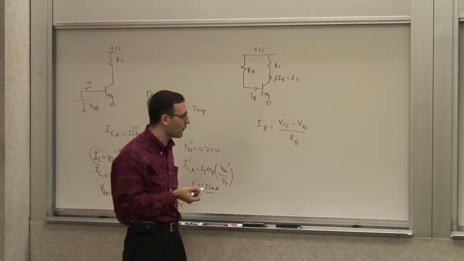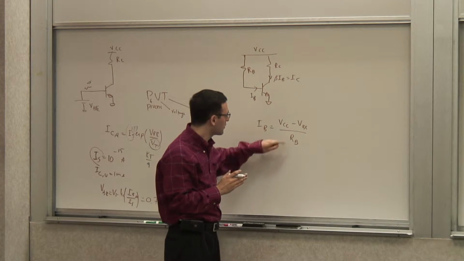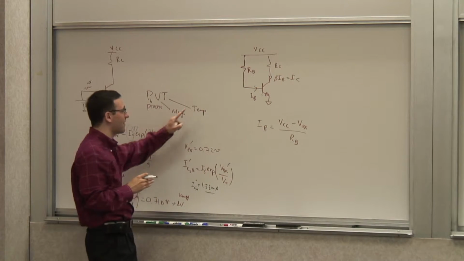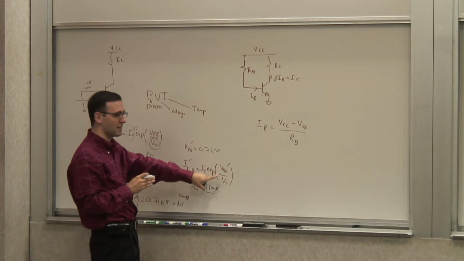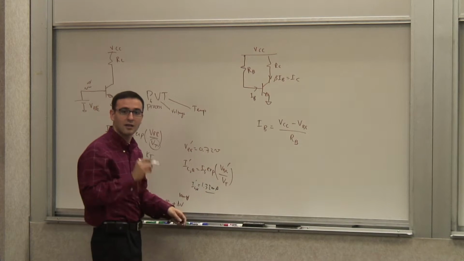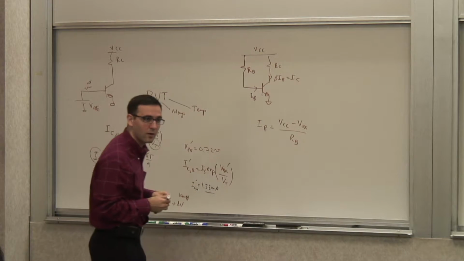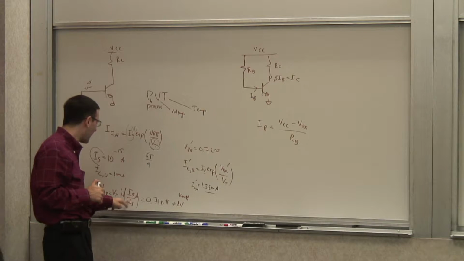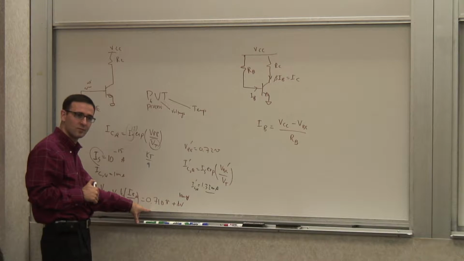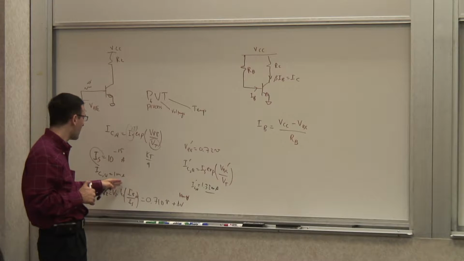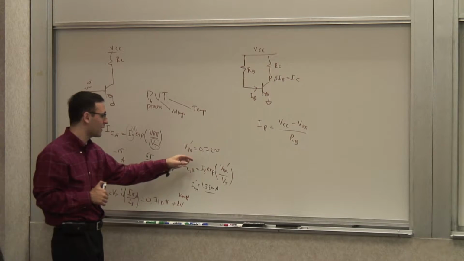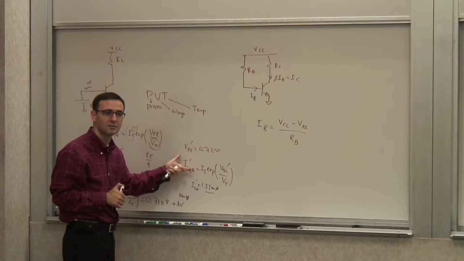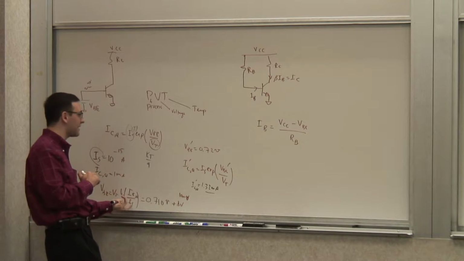Now in general, if I were to solve this equation exactly, I know VBE is a function of IC, and then I have to write IC in terms of beta IB, and then solve a nonlinear equation. But the good news is that, as we saw before, and we did this numerically, the dependence of VBE on IC is very weak. Even for relatively large changes in IC, the VBE doesn't change. That's another way of saying that for a very small change in VBE, the IC will change a lot, but the reverse dependence is a log dependence.